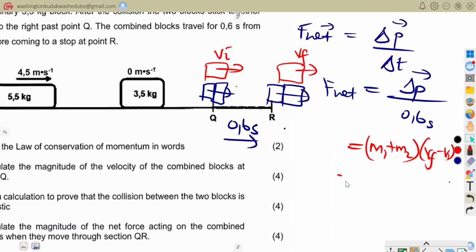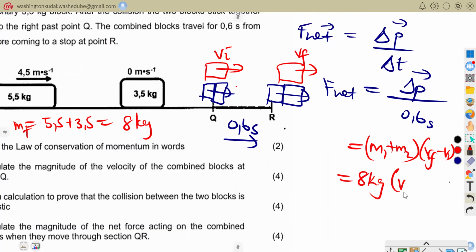where this becomes one object. So we have already said 5.5 plus 3.5 will give you a total mass of what? M total would be equal to 8 kg. So I would use 8 kg times my final velocity minus my initial velocity. That becomes my change in momentum, and this is what I'm going to substitute here.